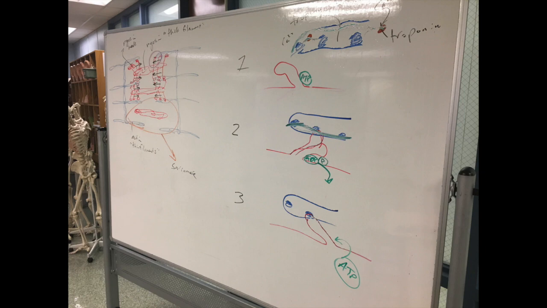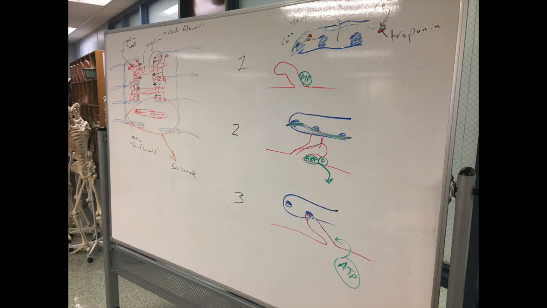Troponin is like a little protein that hangs out right here next to the actin, small, thin filaments, okay? It's connected to a string-like protein called tropomyosin that covers those binding sites perfectly, okay?